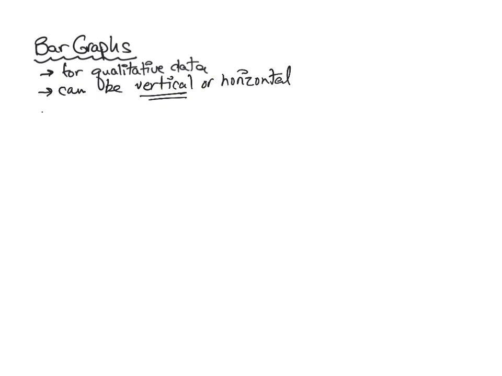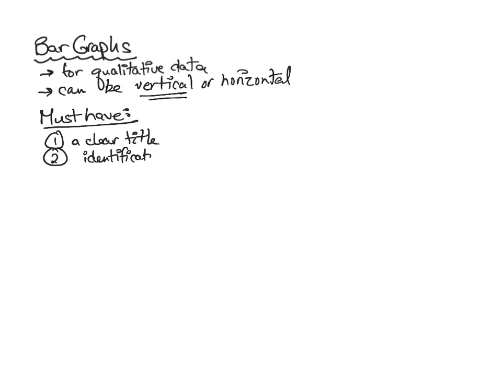All bar graphs must have the following. Number one, a clear title. So clear meaning it really represents what the data is about and is specific enough to give people a good sense of what the graph means. Two, identification of the horizontal axis.